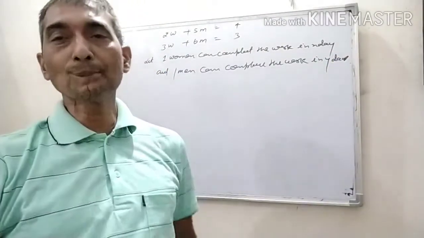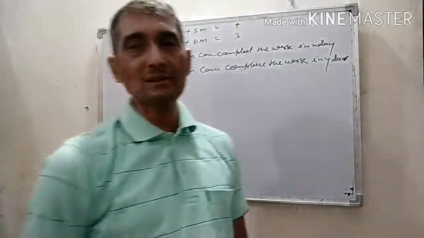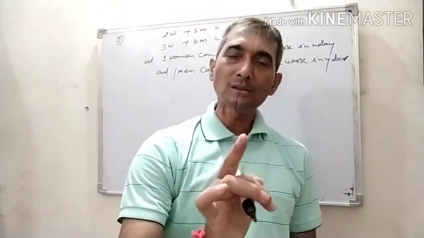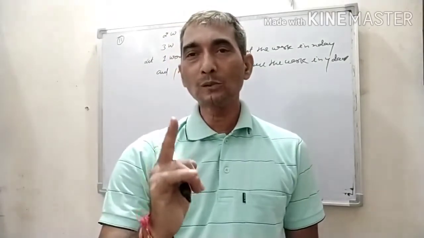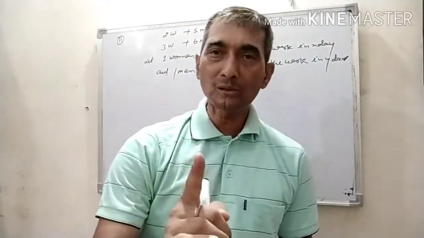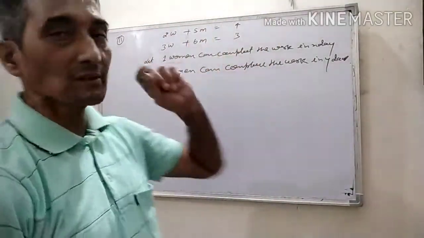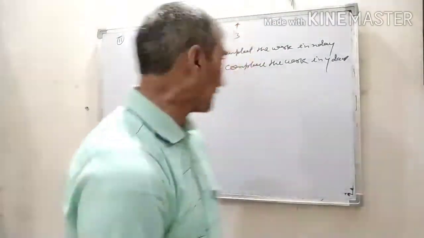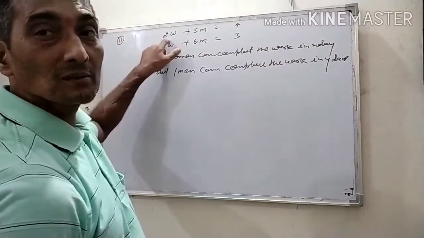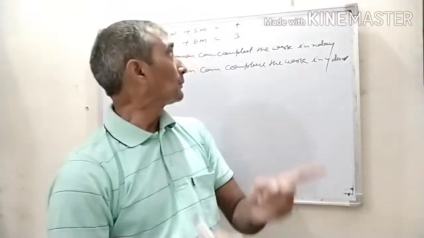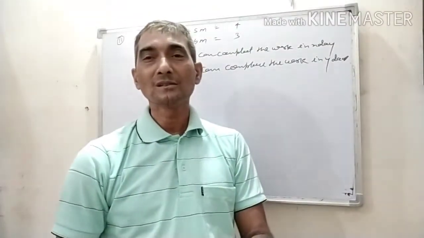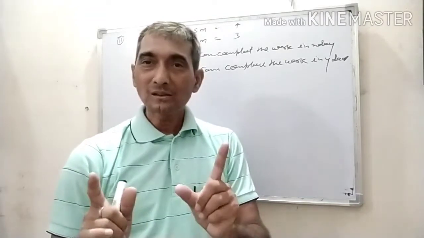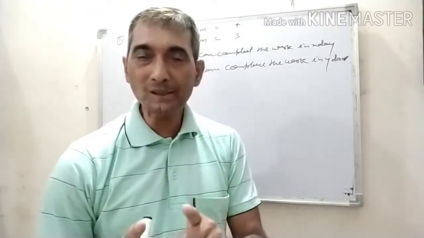If 1 woman completes the work in x days, then work done by 1 woman in 1 day equal to 1 by x. Therefore, work done by 1 woman in 4 days is 4 by x. Therefore, work done by 2 women is 2 into 4 by x.